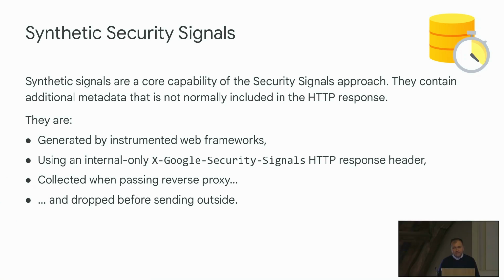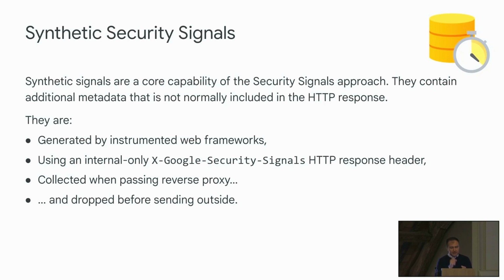Those are signals which are artificially generated by web applications. They are then transported in the X-Google-Security-Signals header together with all the other headers in the HTTP response. And then our reverse proxy is sampling the traffic, of course.